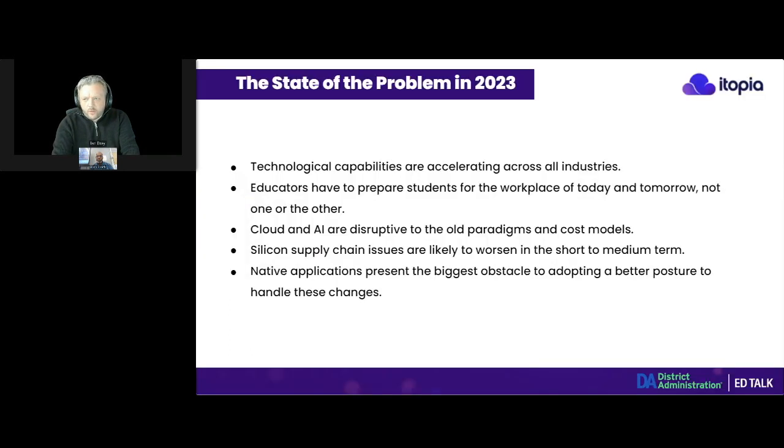If we start with the state of the problem, this is a problem that actually applies outside of education. This is applying across every single vertical we're seeing. Unfortunately, you as educators are right at the front line of it all. As we're seeing in the world, technological capabilities are accelerating across all industries, and educators have to prepare students not just for the workplace of 2023, but the workplace that will be in 2027, in 2037.